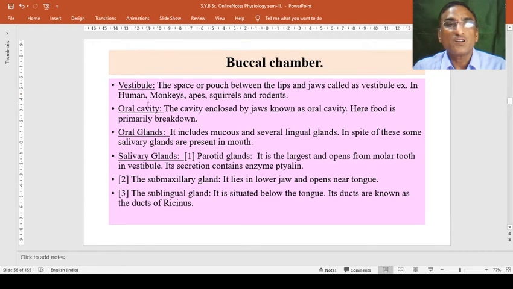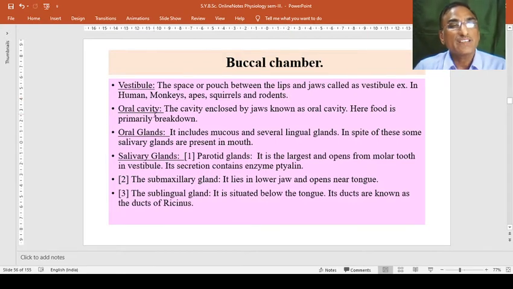In humans, monkeys, apes, squirrels or rodents, we see that they can take the food material into the chamber of the vestibule. Mostly we have seen that a monkey takes some grains of food into the vestibule and stores it, and then later on one by one takes it, crushing the food, into the esophagus.